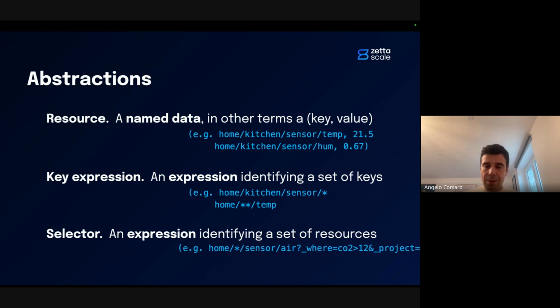Now, something to understand is that Zenoh technically doesn't understand anything that is after the question mark, okay? Zenoh uses the key expression in order to route, as we will see, queries. But then the interpretation of what is after the question mark is for, as we will see in a moment, the queryable, okay? Now, if you've used Zenoh, you have seen that you can do queries with where clauses or time filters and so on.